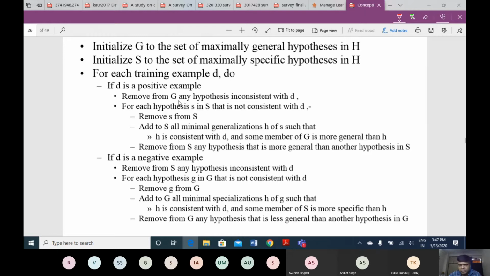So we will remove that hypothesis from the general set and we will improve our specific set based on that positive example. Okay.